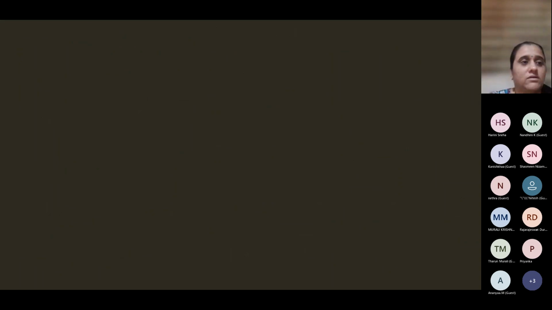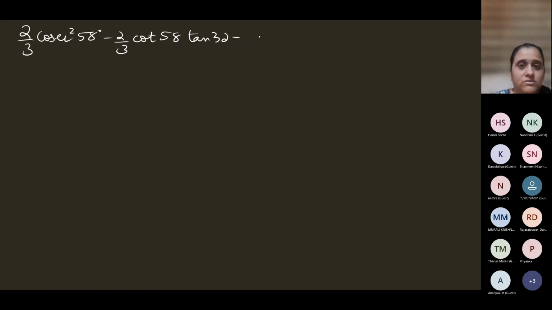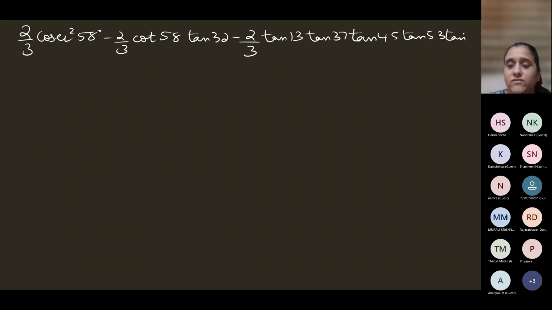Now let's use a different identity. Now I'll just write the same thing again. 2 by 3 cosecant squared 58 degrees minus 2 by 3 cot 58 tan 32 minus 2 by 3 tan 13 tan 37 tan 45 tan 53 tan 77.